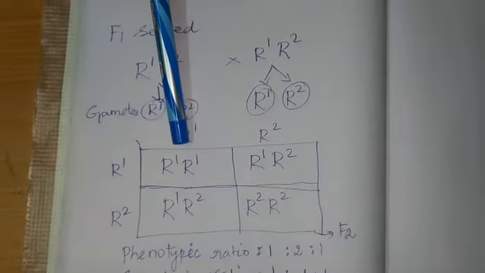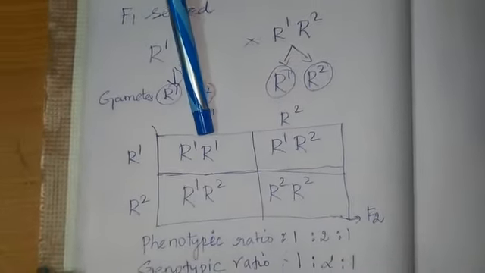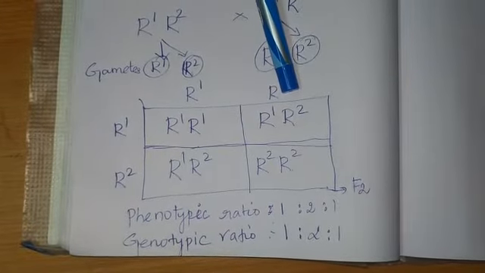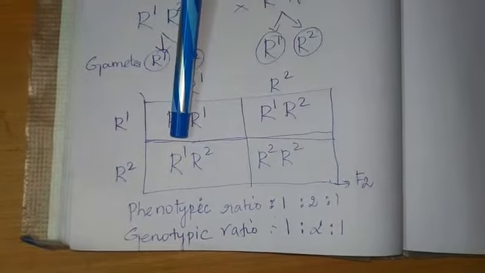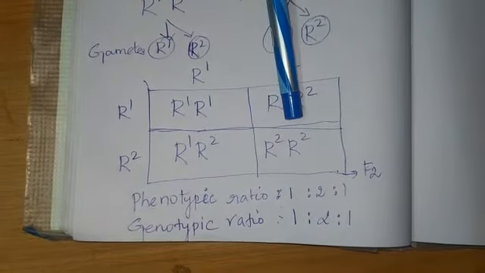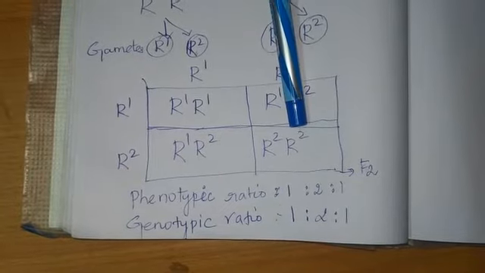R1R1 is a red color flower. R1R2 is a pink color flower. R1R2 is a pink color flower. R2R2 is a white color flower.